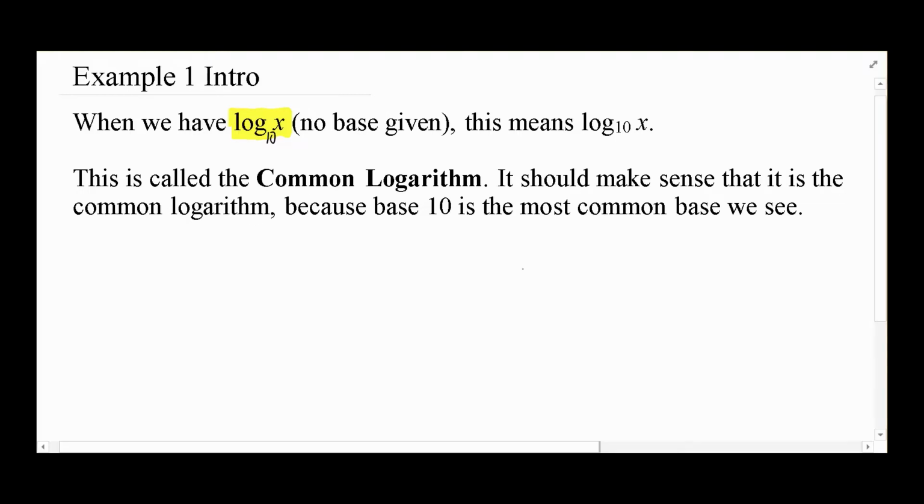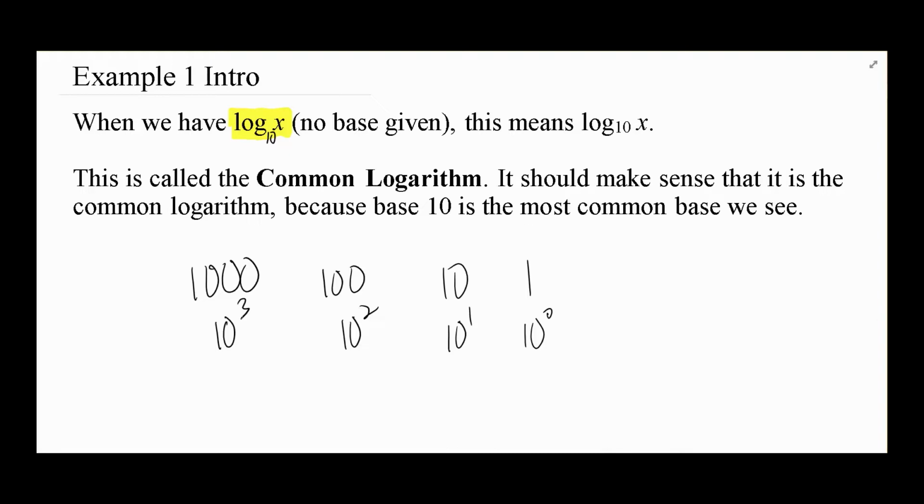There's the ones place digit, the tens place digit, the hundreds place digit, the thousands place digit, and these are 10 to the 0, 10 to the 1, 10 to the 2, 10 to the 3. So base 10 is a very common base. That's why we call this the common logarithm. The logarithm of base 10 is a common logarithm, and we just don't write the base. We just call it log and then the argument x.